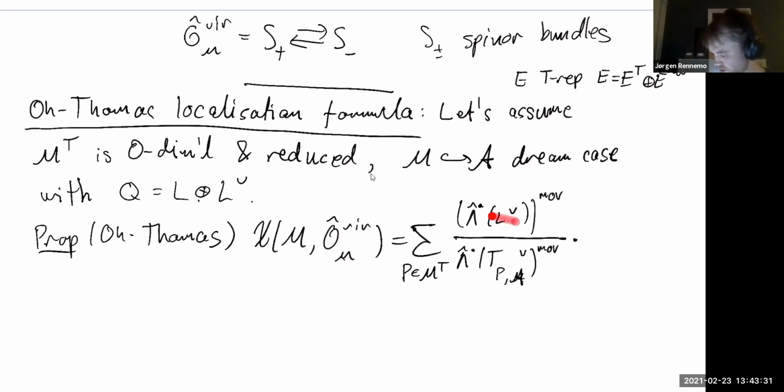Okay, so with that convention, we take the moving part of this thing and we divide by the moving part of this thing, but then you modify that by a specific sign.